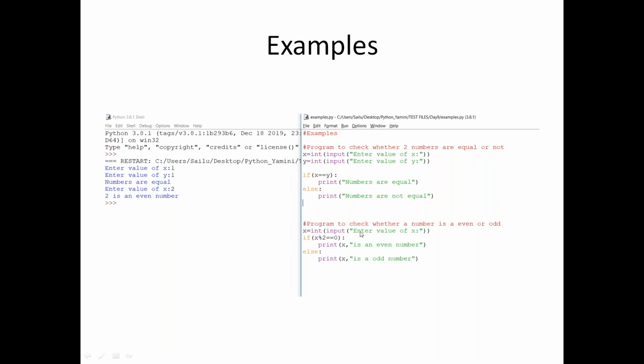So input from the user, and that should be an integer number. I selected it, so store it in the x variable. So x modulus 2 is double equal to 0. So if the value which is given by the user can be divided by 2 and the final remainder is going to be 0, then it's an even number. If I'm getting some remainder, that is an odd number. So modular division, that is what we used.